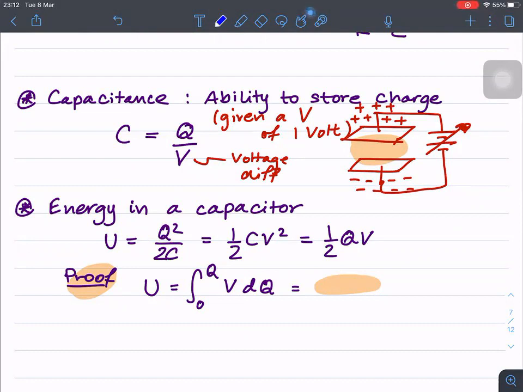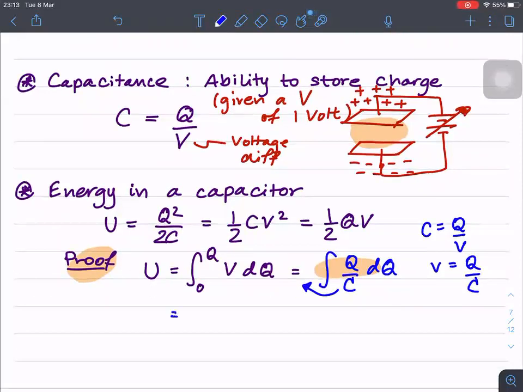So this is about charging the capacitor from having absolutely no charge until we have the charge of Q. Integrating this equation gives us the integral of Q over C dQ, because from the definition, if C equals Q over V, V would be equal to Q over C, and C is the constant we bring out of the integration.